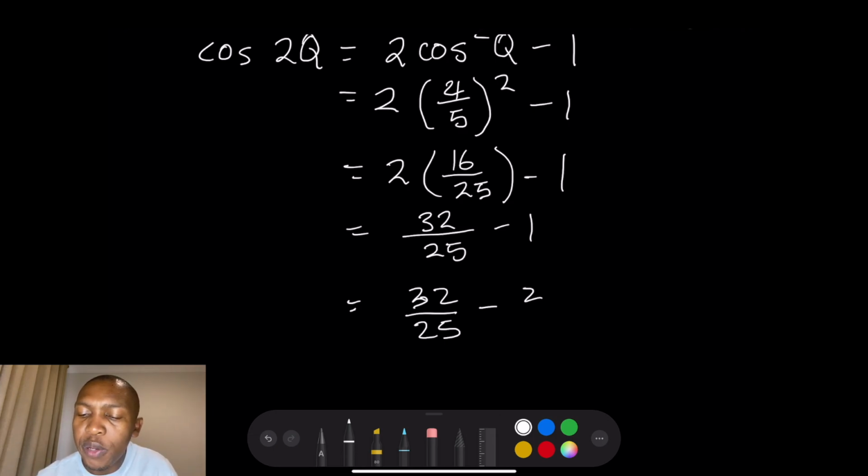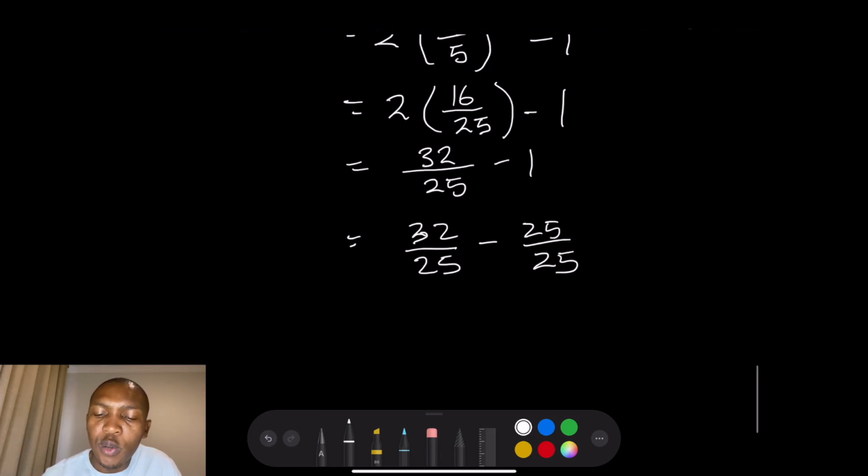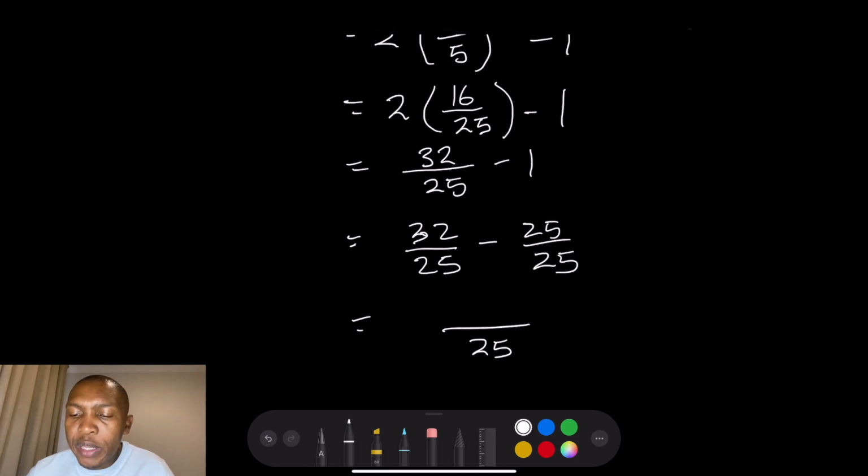So it can be 25 over 25. And so what do you have at the end? We have 25 there as our denominator. So 32 minus 25, that should give us 7. So our final answer would be 7 over 25. All right, so that is how you would do that question.